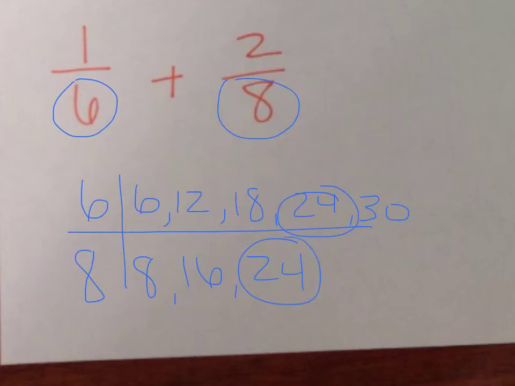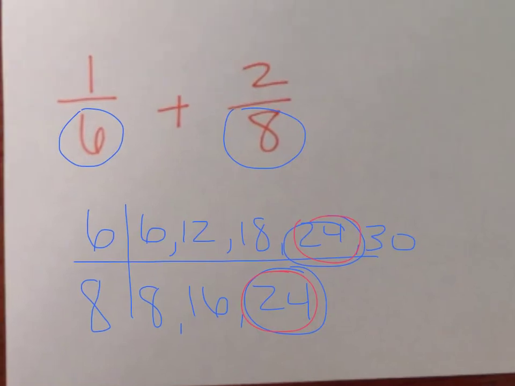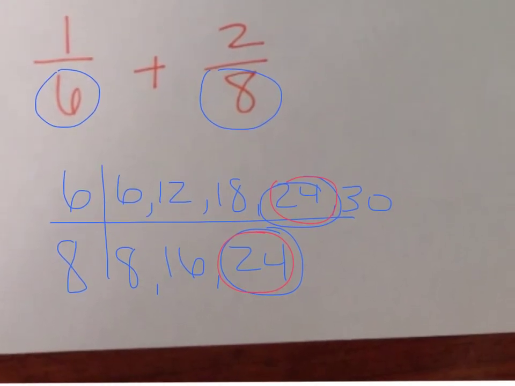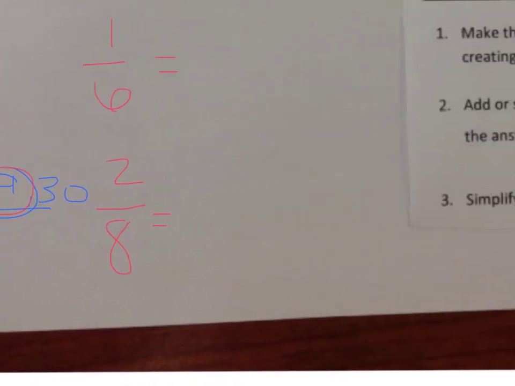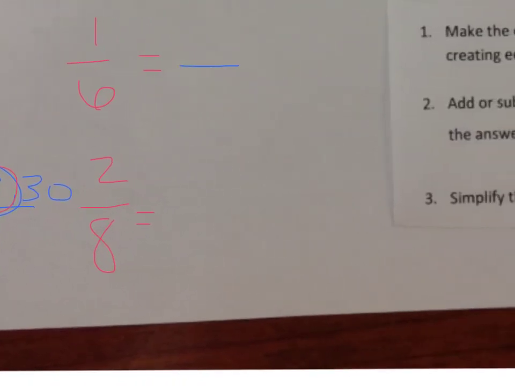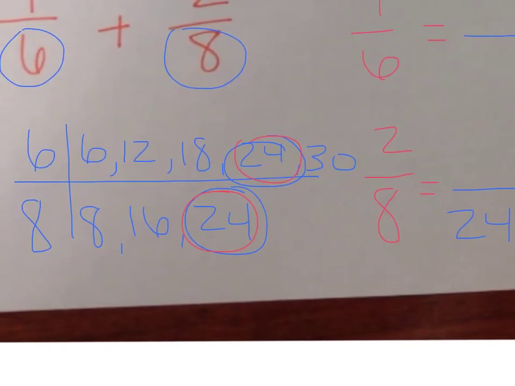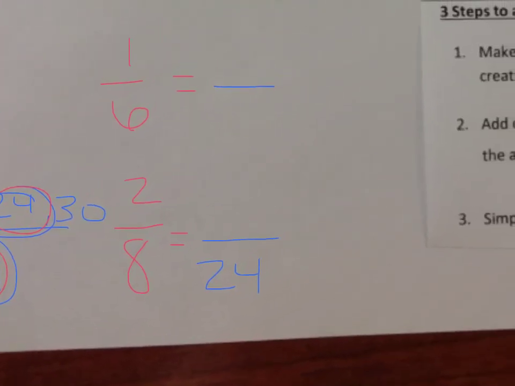Do we see that? 24 is our common multiple. Okay? For both of these, we're going to change both numbers to have the common denominator of 24. So we have 1/6 equals, and then we have 2/8 equals. We know that both of these have to be over 24, because remember, over here, that was our common multiple.